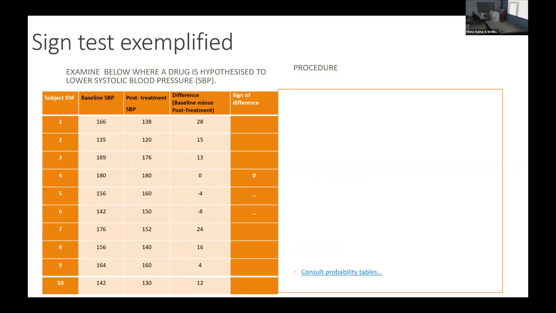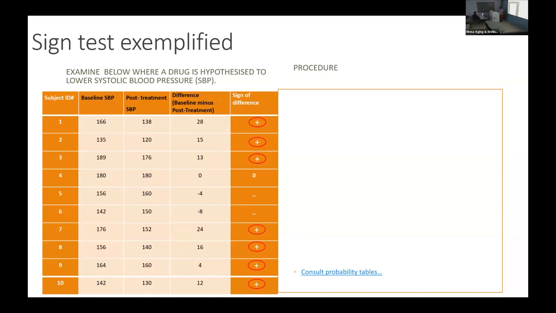Wonderful. So let's now determine the number of positive signs and the number of negative signs. All right, so 1, 2, 3, 4, 5, 6, 7 positive.